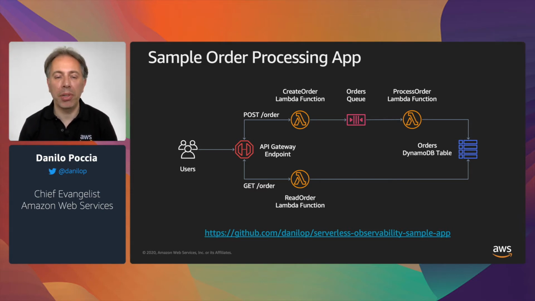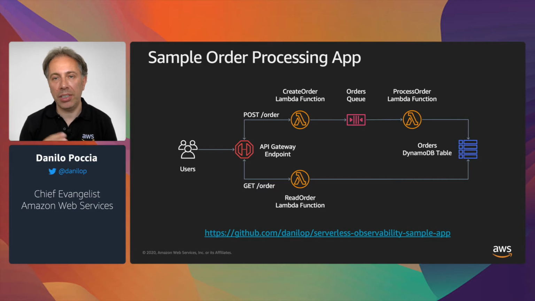So I'm using a sample order processing app similar to the architecture that I've seen being used multiple times by our customers. And there are 3 Lambda functions. 2 are behind an API gateway, and you can post an order to create a new order, or you can use an HTTP GET to get the status of an order.